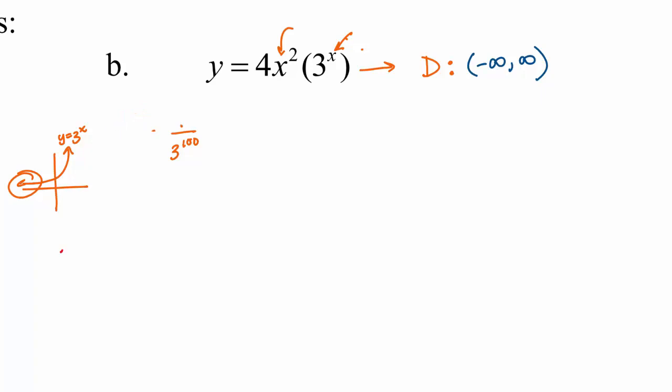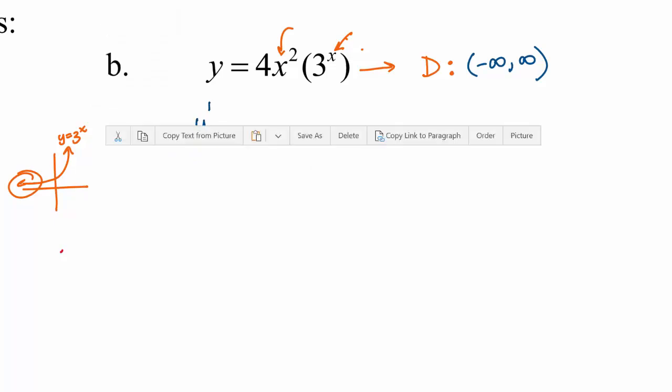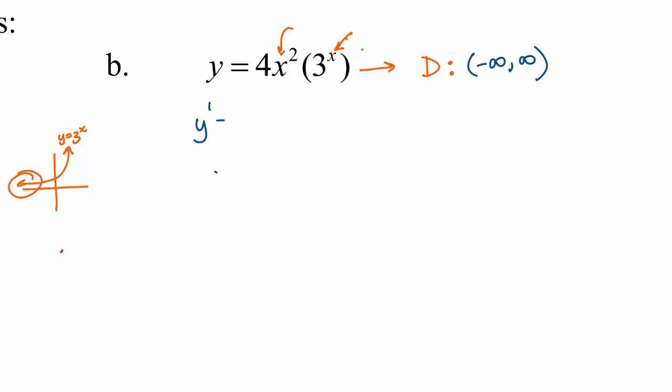Okay, and then let's find the derivative, right? Because that's what we have to work with here. So I will find the derivative, y prime. I'll use the product rule. I'm just going to do this in the order that I see it. The derivative of 4x squared is 8x times the 3 to the x, and you can put this in parentheses if it makes you feel better.